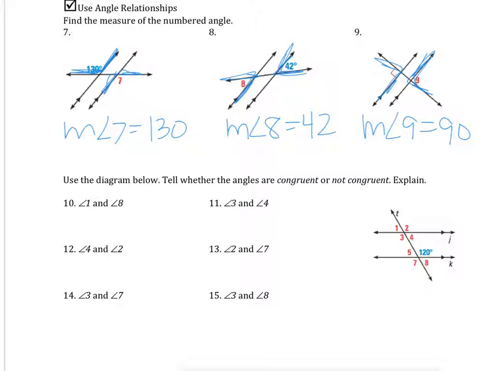Okay, we're going to try to put this all together. Keep in mind that corresponding angles are congruent, alternate interior are congruent, alternate exterior are congruent. So I'm going to label, or draw my outside and insides.